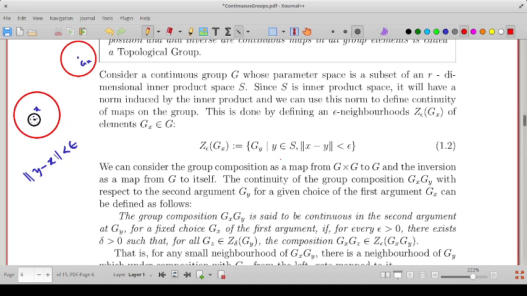So to repeat it once more, the epsilon neighborhood Z epsilon of gx is the set of group elements gy, where y is the parameter corresponding to that element, such that the point y in the parameter space has the property that the distance of y from x is less than epsilon.